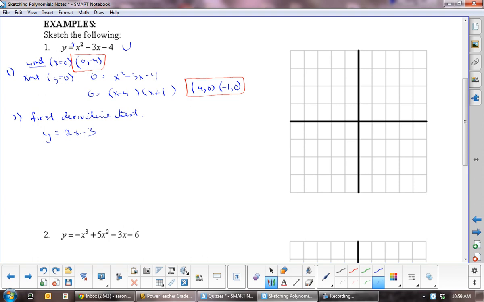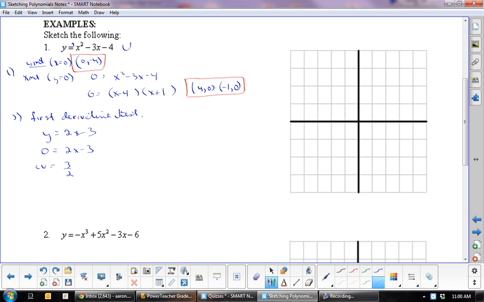So when we are trying to find a critical value, we want to find out, well, when is the slope equals 0? Right? That happens at max and mins. And when does that happen? So CV equals 3/2.